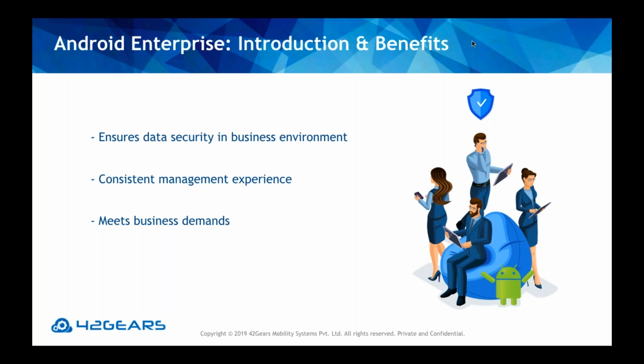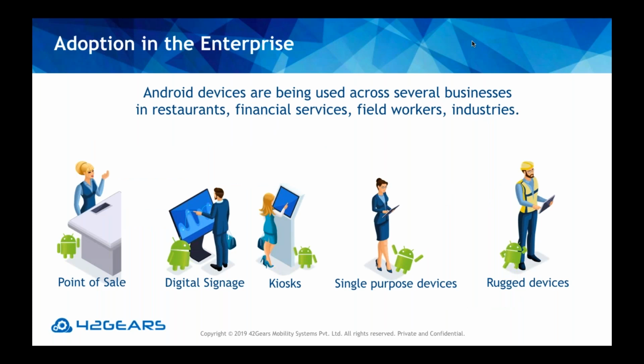Moving on, we will now take a look at the adoption of Android Enterprise. Since its inception, security concerns associated with Android have held back the adoption of Android devices in enterprises.